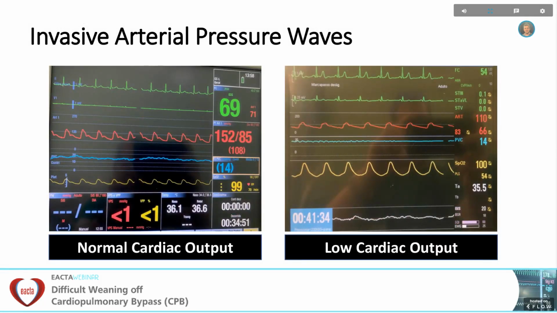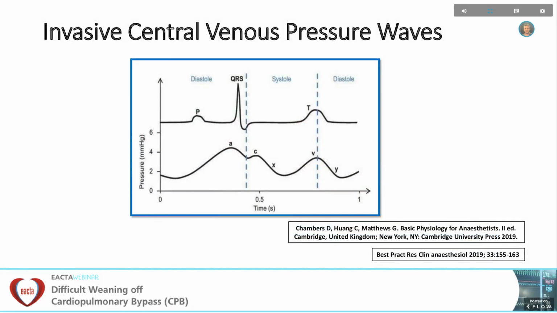And we can use as a surrogate measure for normal cardiac output in the weaning off CPB, or low cardiac output, just looking for the area under the curve and a slurred systolic upstroke, and we promptly have this situation to ensure whether the weaning off is okay or not.